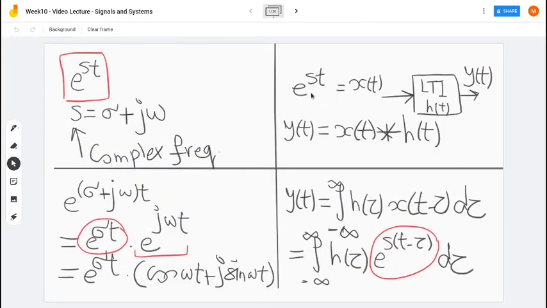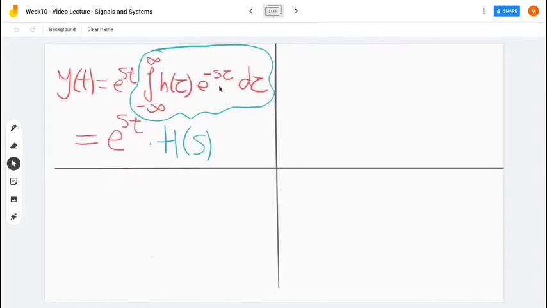So let's revisit the problem one more time. We have an input e to the power st, and the output y of t right now is equal to e to the power st, which is exactly the same as the input, times h of s. So now that we have e to the power st exactly the same as the input, the output y of t, which is a function of time, is exactly the same as the input multiplied by h of s.